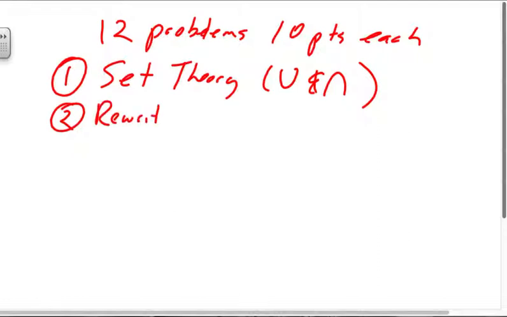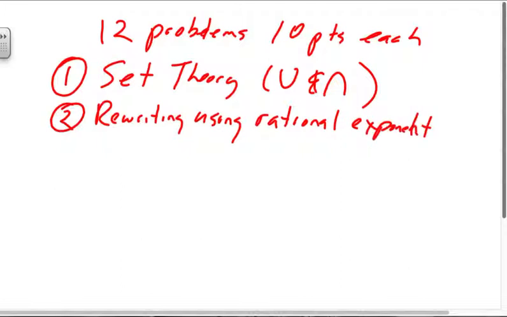Rewriting using rational exponents. So I give you something like this.